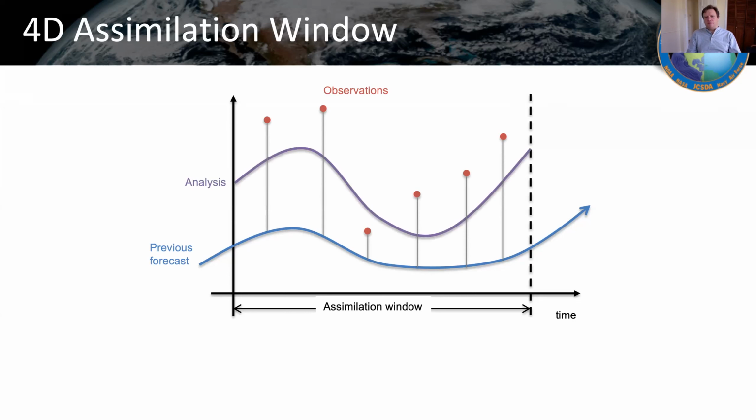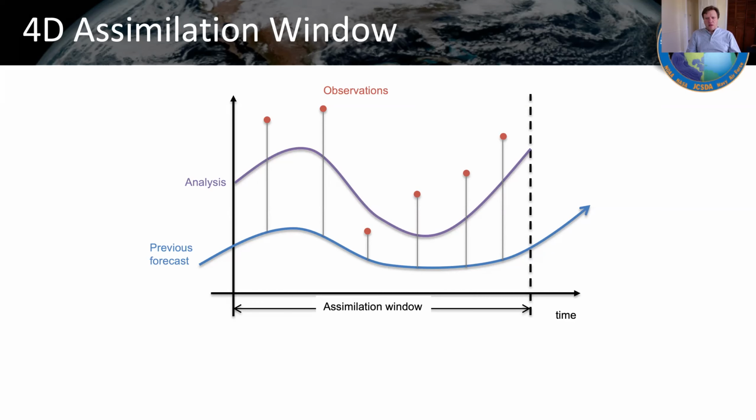And by minimizing that difference, we can compute an analysis, which is the best estimate of what the state of the atmosphere or ocean or whatever system we are looking at is, given both the previous forecast and the observations.